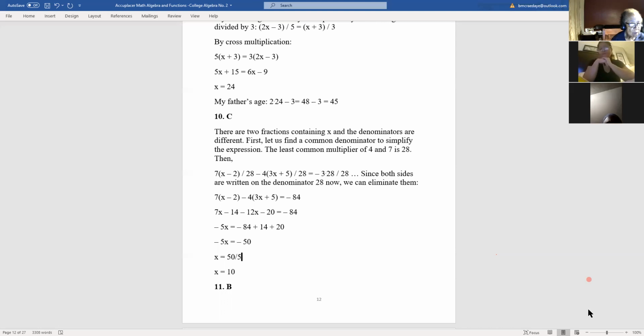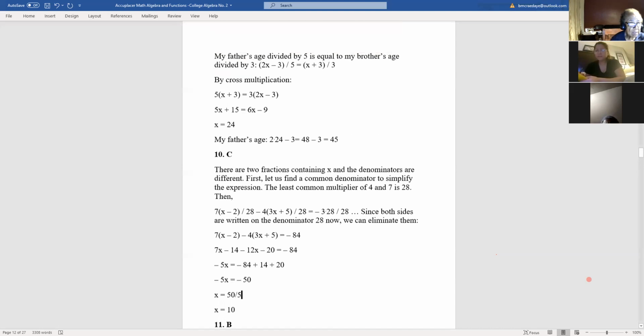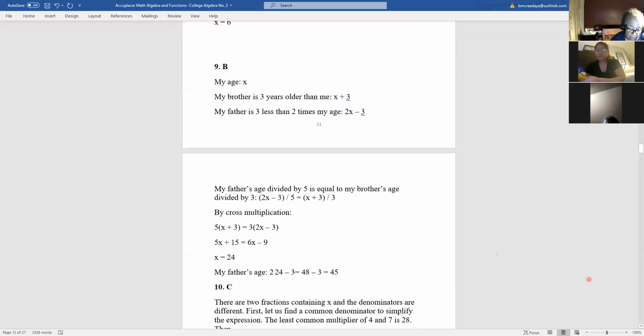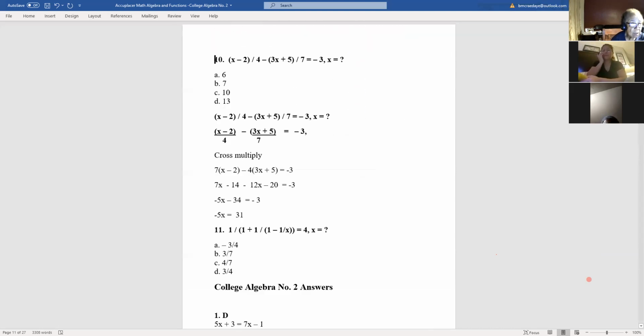How did they get 84? Now, okay, let's see if we've got the same. 7 times x minus 2 over 28 minus 4 over 3x plus 5. Let's go back to number 10 to see if I copied it right. Oh, they got the 28, the 7, and the 4 because that's the denominator.